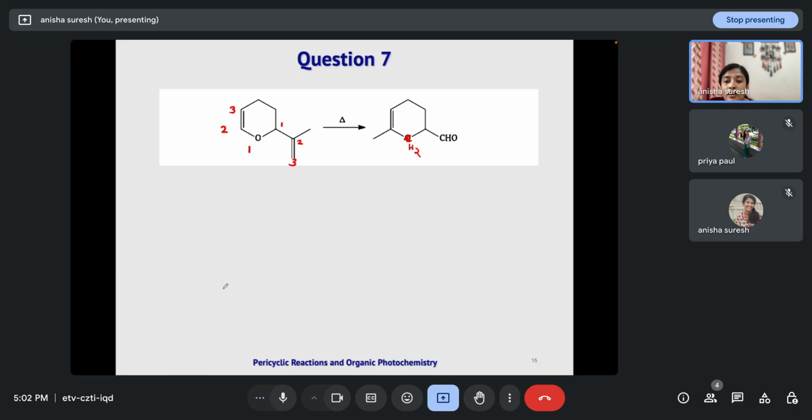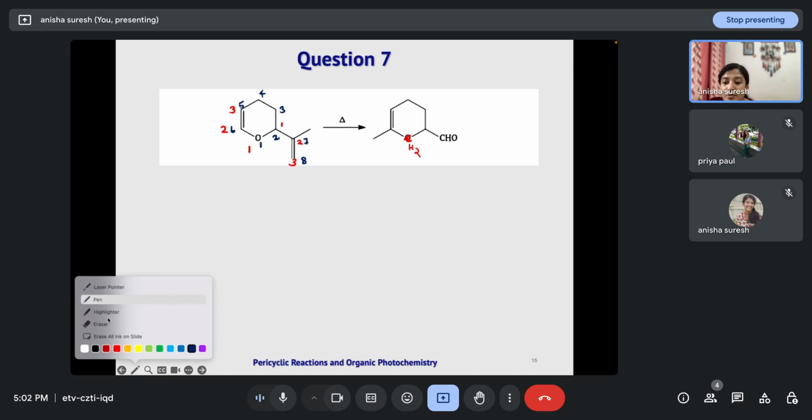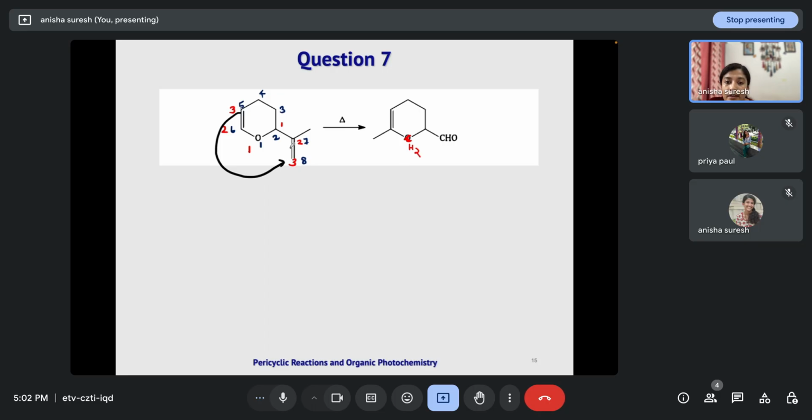And for our convenience, we can number the 6-membered ring also, starting from oxygen: 1, 2, 3, 4, 5, 6, and this as 7, 8. So once it will undergo a 3,3 sigmatropic rearrangement, how will it take place? The reaction will take place in this fashion.